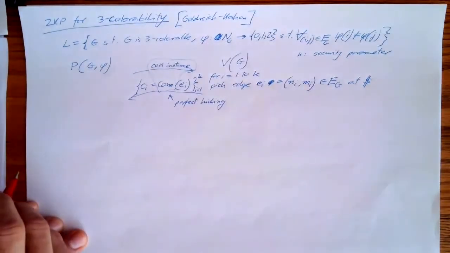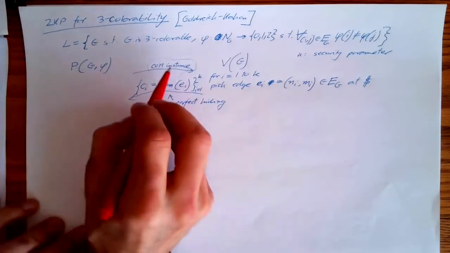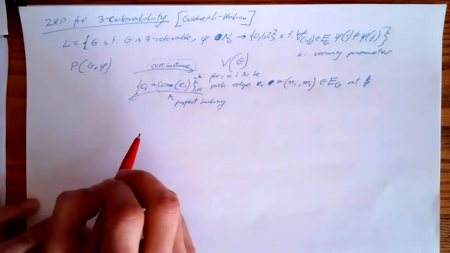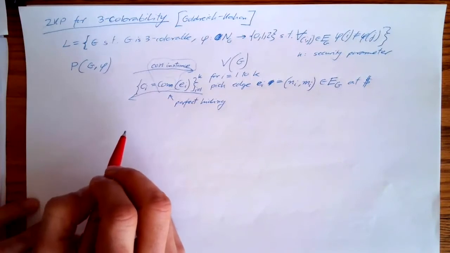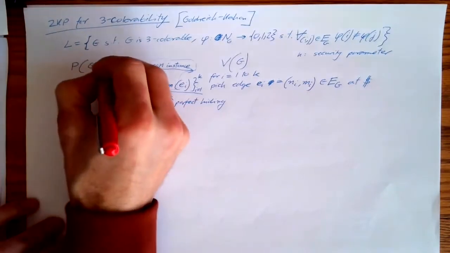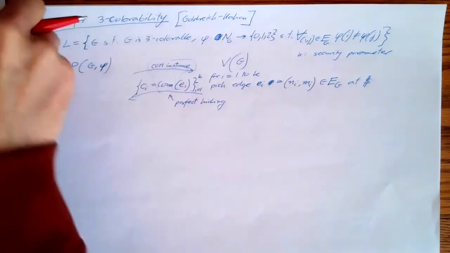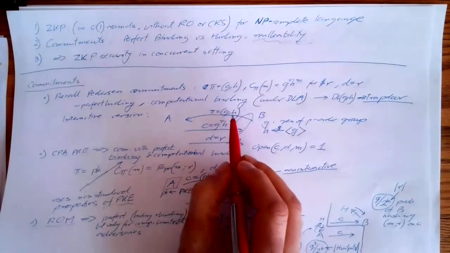Professor, do we need a new instance for every commitment, or can we use the same CRS? Because our definition of security was using just one commitment. I think one instance works.